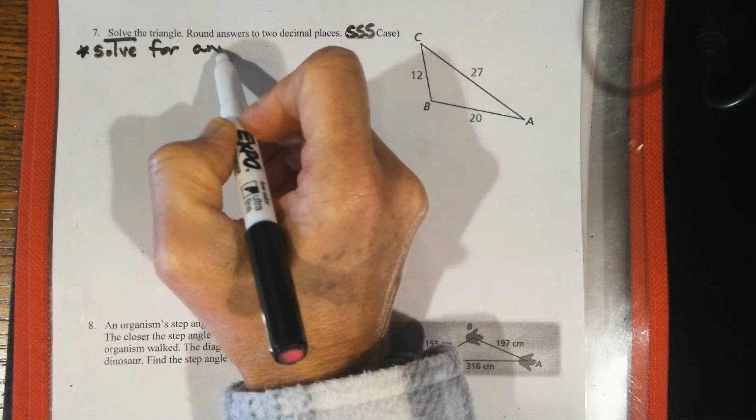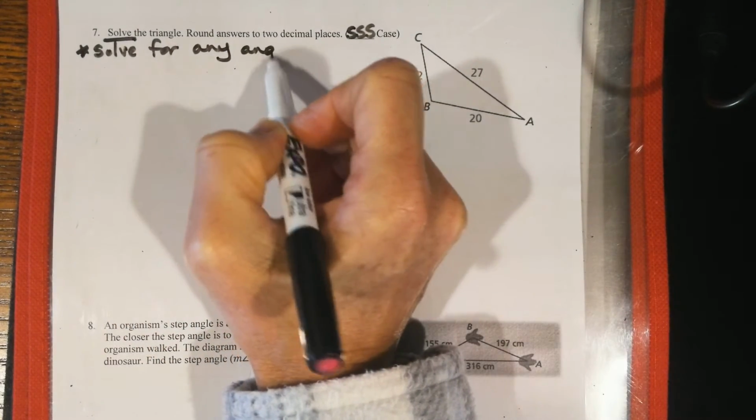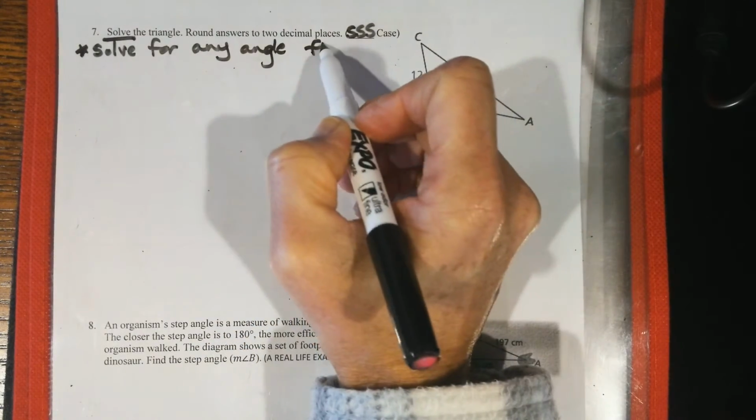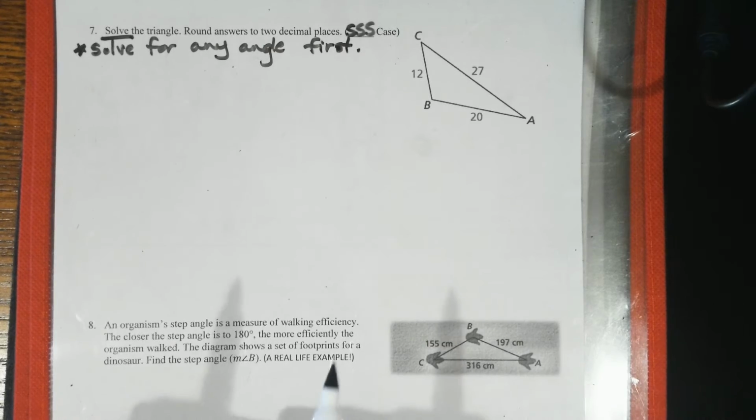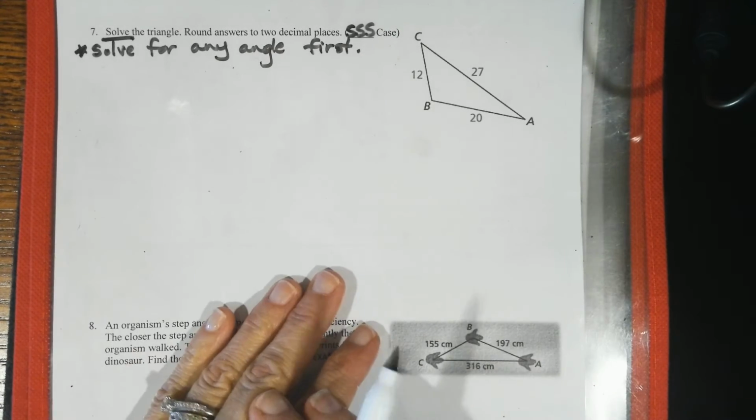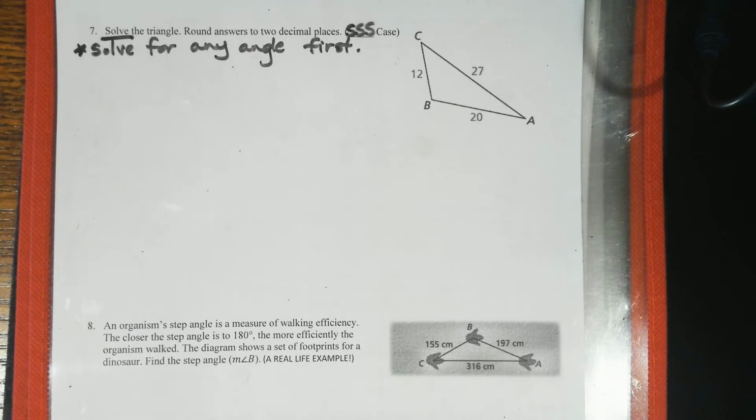Solve for any angle first. Then you might be able to guess. The second angle we will find with the law of sines, and the third angle we'll just subtract from 180, the first two.